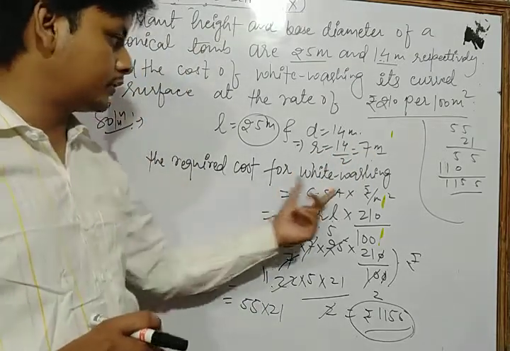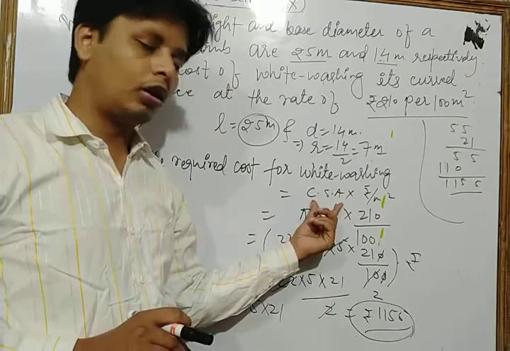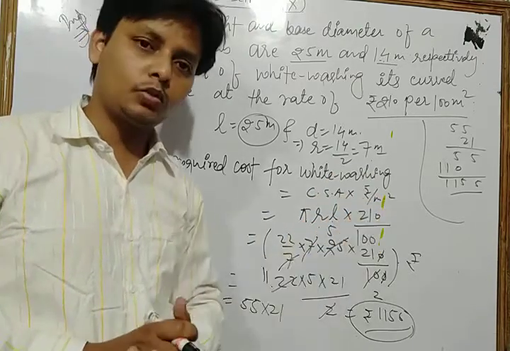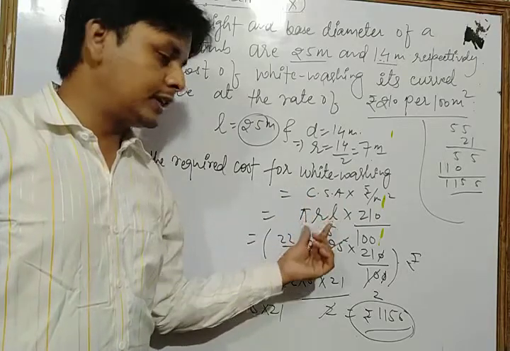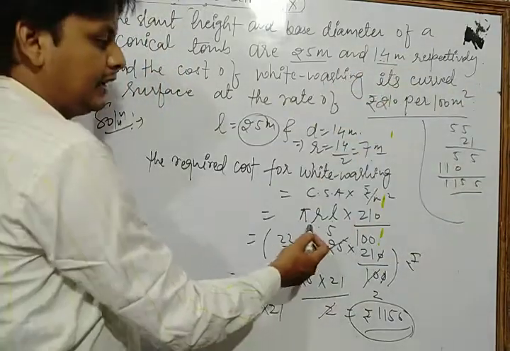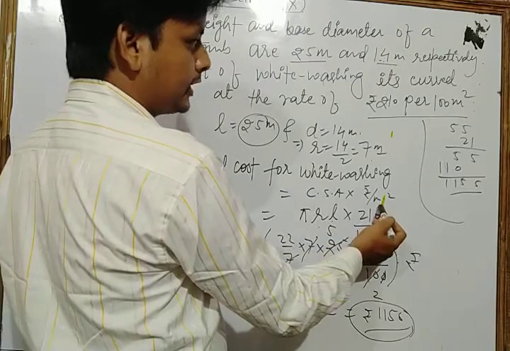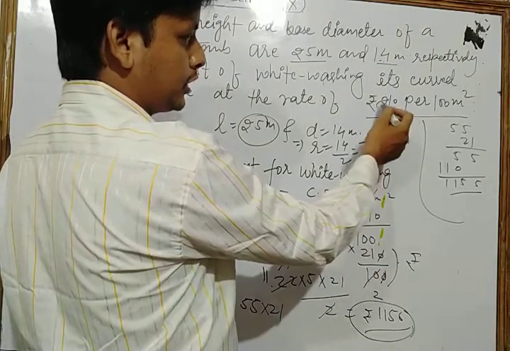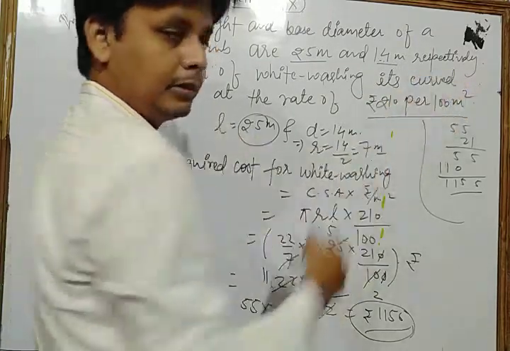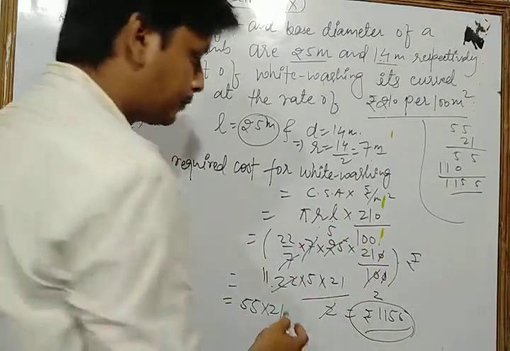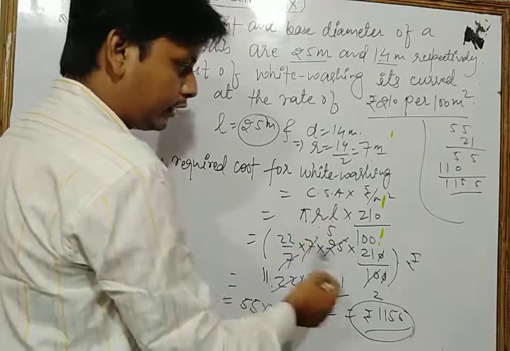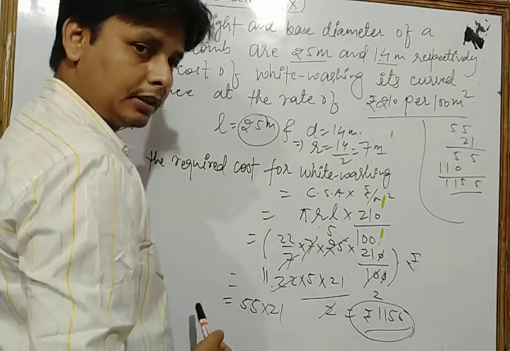So the required cost of the whitewashing is equal to curved surface area into rupees per meter square. The formula of curved surface area of cone is pi RL. So here we put pi RL and into rupees per meter square. Here according to the question, that is 210 per 100 meter square. So here we write 210 upon 100. Okay. Now we put all the values of each variable.